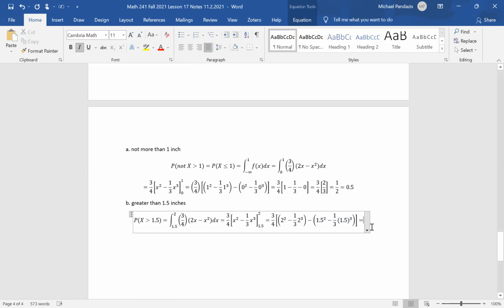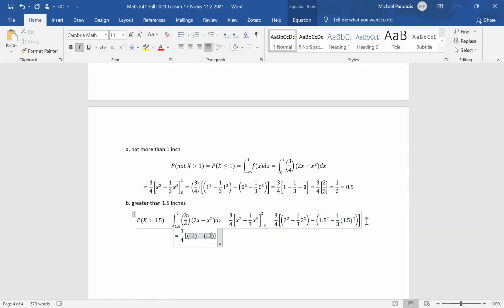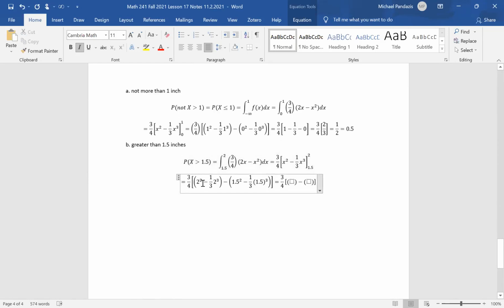So then this is equal to 3/4 times the first thing minus the second thing. Okay, and so 2 squared minus 1/3 times 2 cubed is 4 minus 8/3. So 4 minus 8/3 is 12/3 minus 8/3, which is 4/3. There's a 4/3 there. Okay, and then you subtract the other expression.